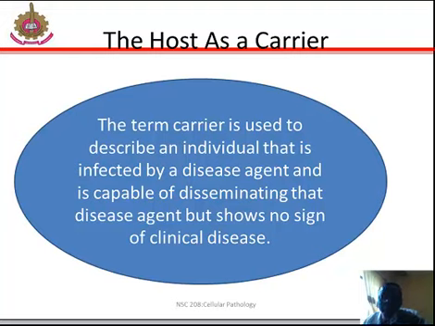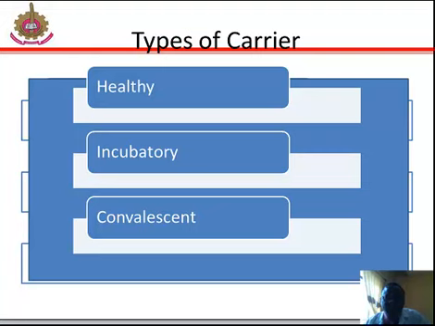Once again, when you say someone is a carrier, it means that person has been infected by a disease agent, but he himself is not showing any clinical symptom of that disease. Carriers can be classified under three basic headings. You have the healthy carrier, the incubatory carrier, and what we call the convalescent carrier.